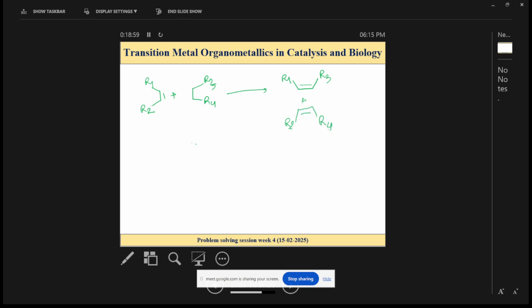So this will be the product if it happens between these two molecules.